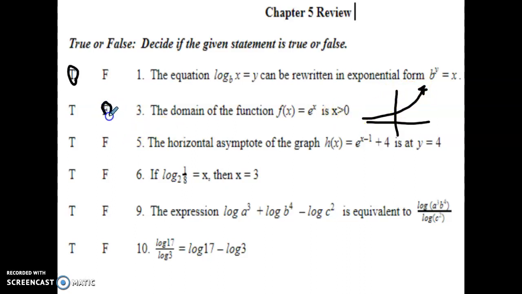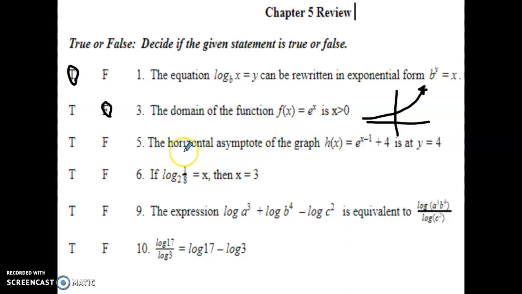So this one is false. Now if it would have asked about the range, it would be y greater than or equal to 0. So that's the y part. So this one is false.